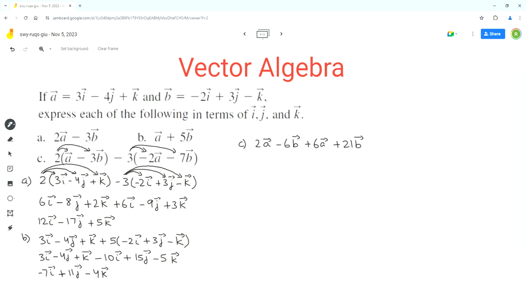Now we can combine the vector A and vector B terms. So for vector A, we'll do 2 plus 6, which is equal to 8. And for vector B, we can do negative 6 plus 21, which is equal to positive 15.